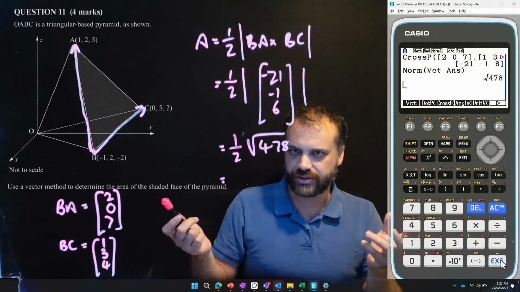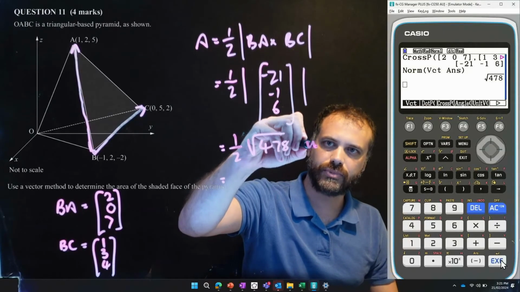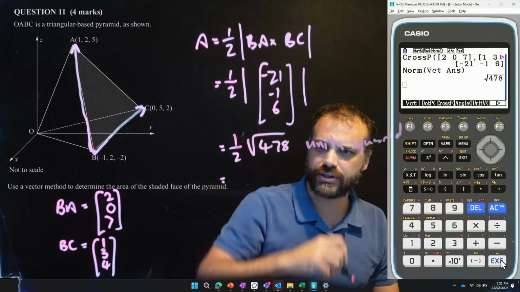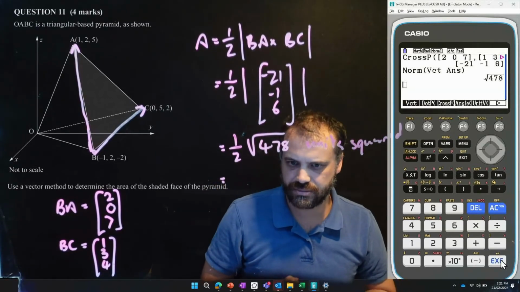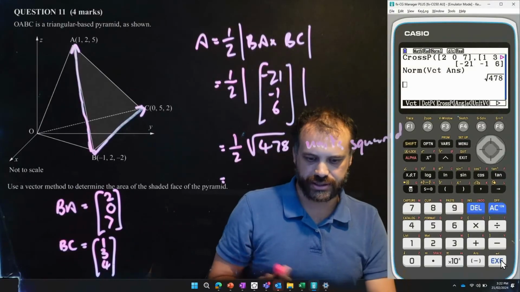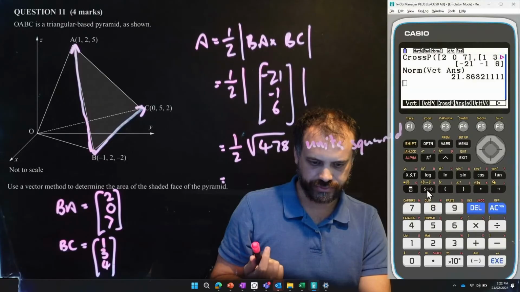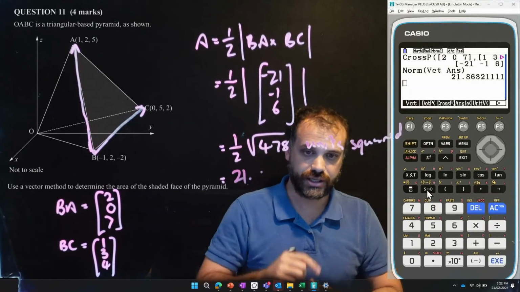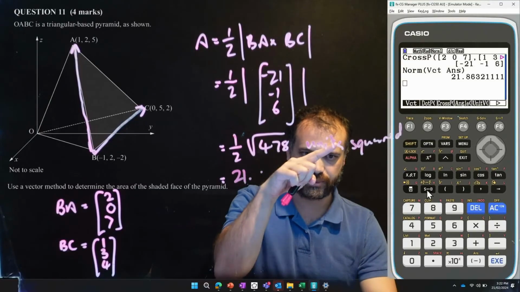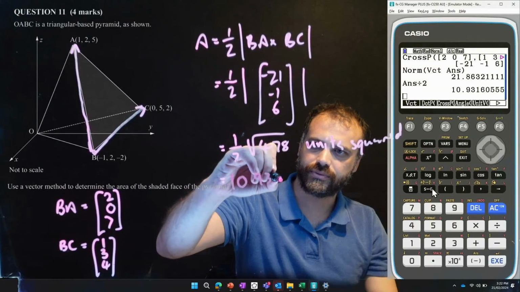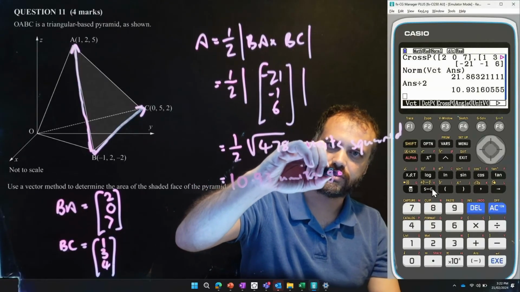Look, I really think that this is it, units squared, because I don't think they've told us anything about meters or centimeters or anything like that. We can also express this as a decimal. 21 point, oh, not 21, because I need to divide, I forgot to divide by 2 in my calculator. That's better. 10.93 units squared.